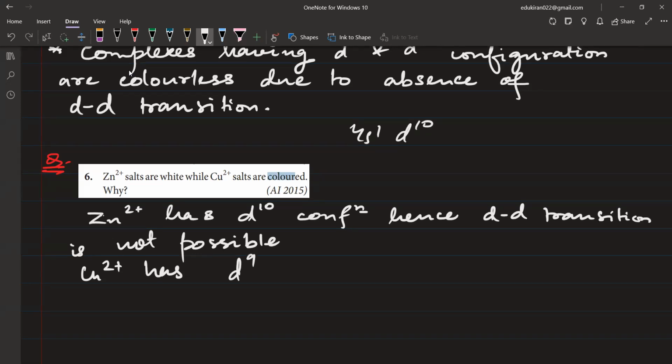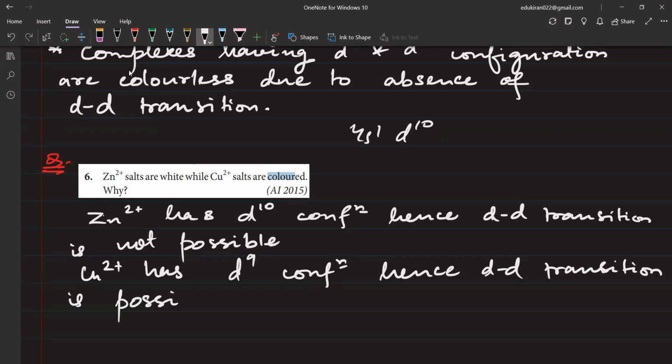So D9 configuration, hence DD transition is possible, and copper 2+ salts are colored.